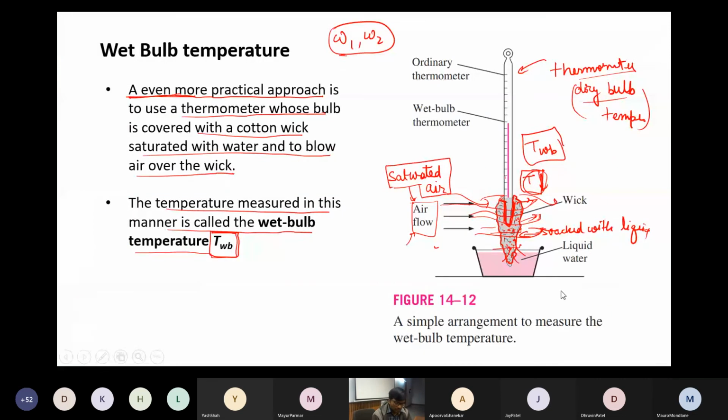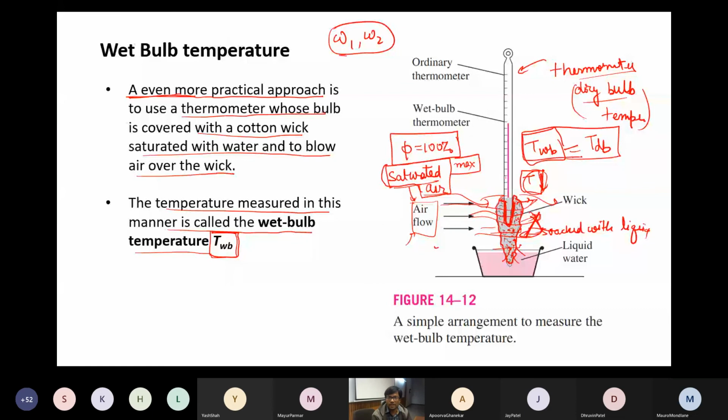The answer is that when you blow the saturated air, your relative humidity is 100%, so the moisture content in your air was maximum at that temperature. No further evaporation will take place from this soaked cotton since the air is already saturated. So at that time, your wet bulb temperature will be the same as the dry bulb temperature.